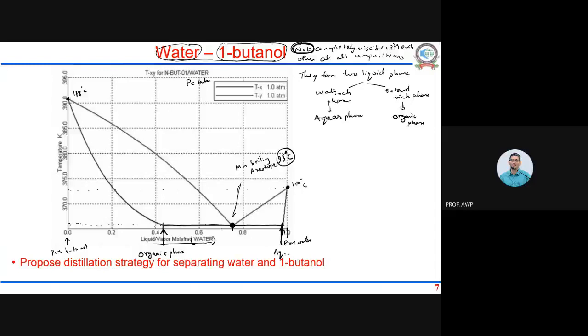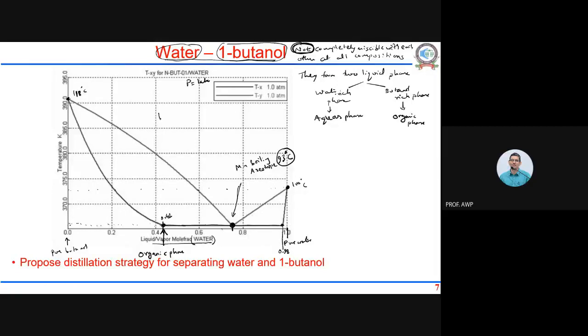So the aqueous phase would have 98% water, maybe 2% butanol. So let's call this 0.98 and let's call this 0.42. Do you agree with that?